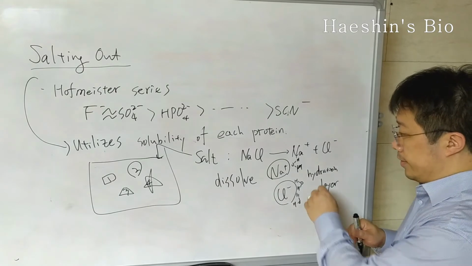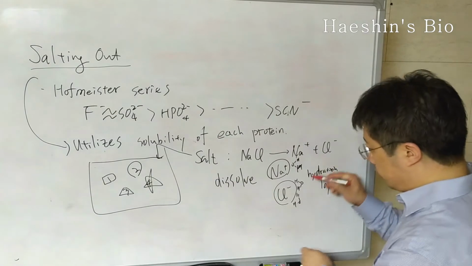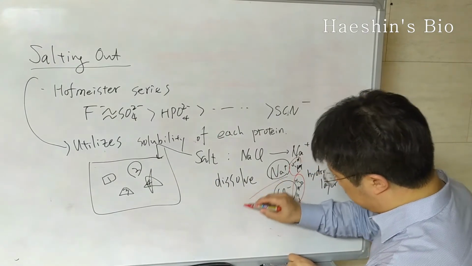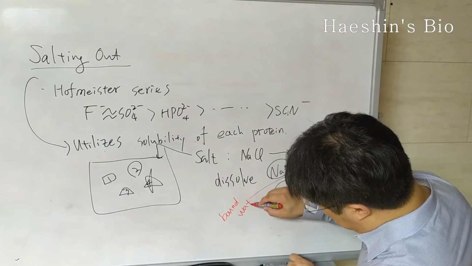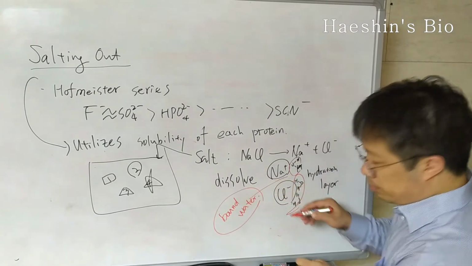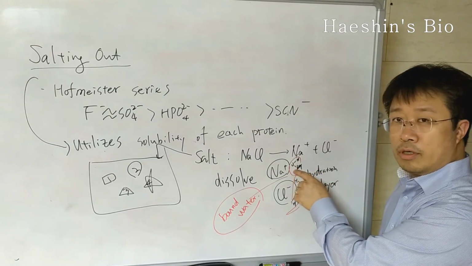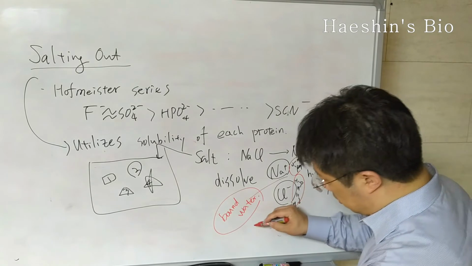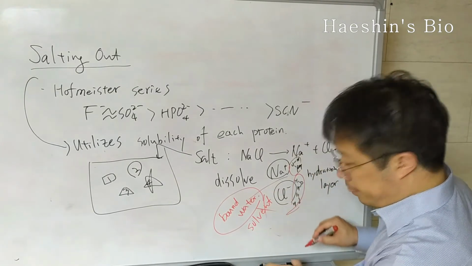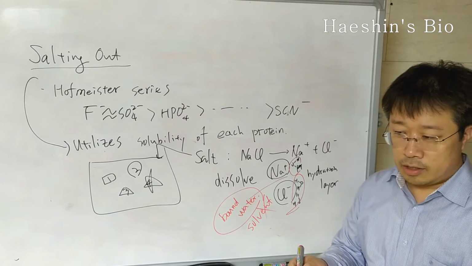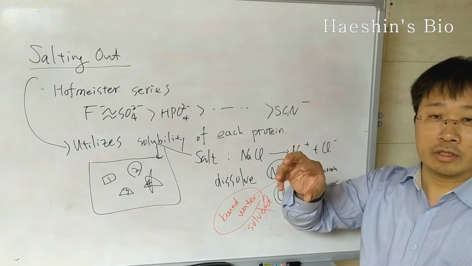We call this bound water. Bound water means this is a water molecule, H2O, but it's not a solvent anymore, because the solvent has to be used when you dissolve the solute.